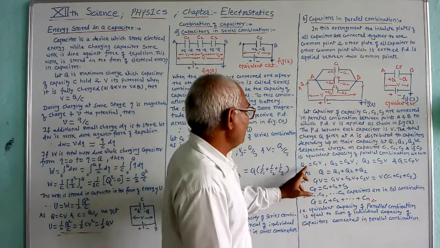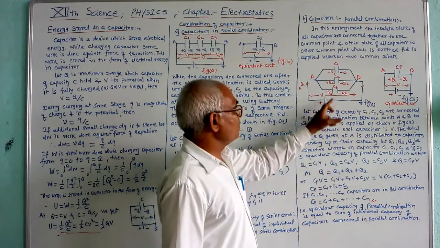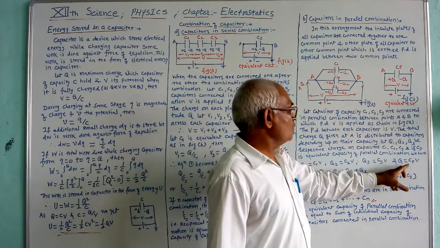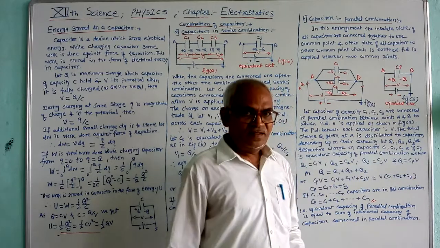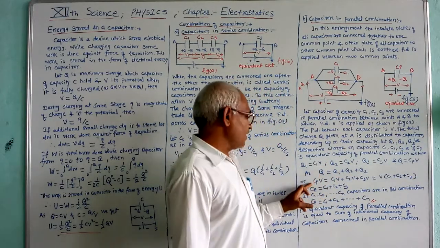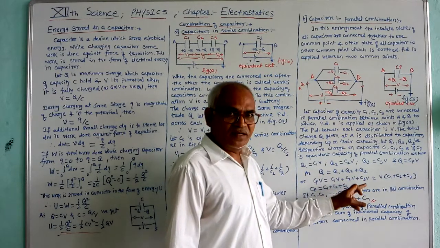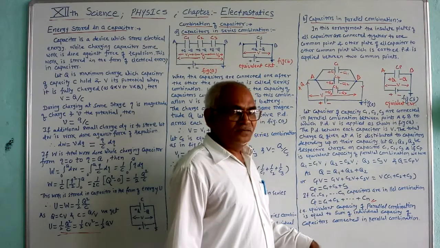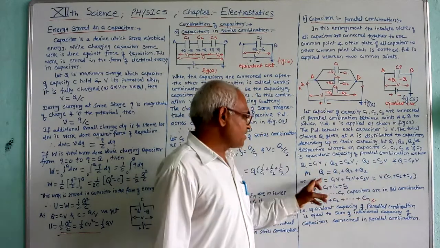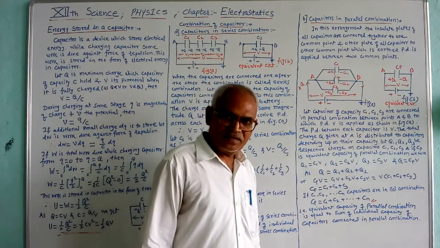We get Q1 is equal to C1 into V, Q2 is equal to C2 into V, Q3 is equal to C3 into V, and Q is equal to Cp into V. Substitute all these values in this equation. We get Cp into V is equal to C1 into V plus C2 into V plus C3 into V. V is common, so in brackets C1 plus C2 plus C3. V gets cancelled and we get Cp is equal to C1 plus C2 plus C3.